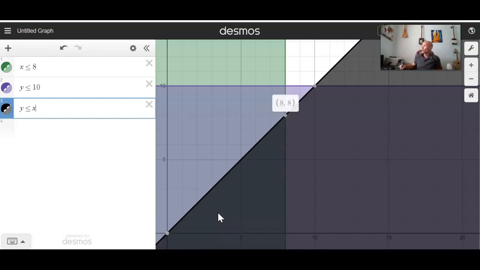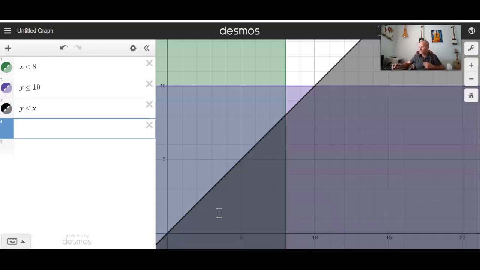If you're unsure where to shade, whether it's below or above, one way to do this is to think about the y values being equal to the x values along that line. That's just the line y equals x. Right? That's the same function I just plotted, but it only gives me the line. It doesn't shade below it.